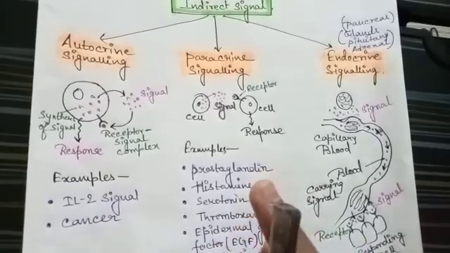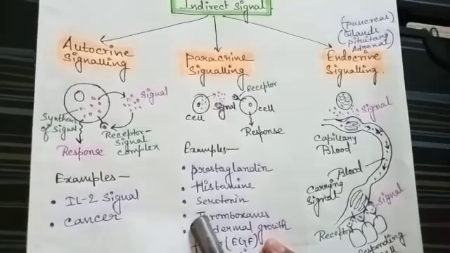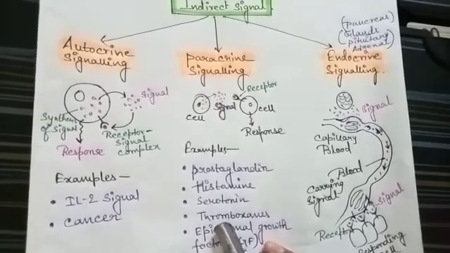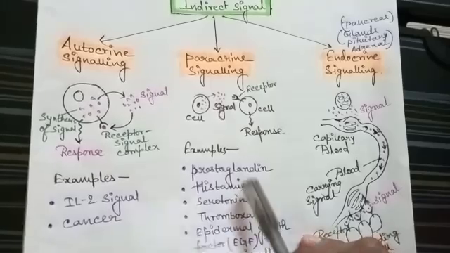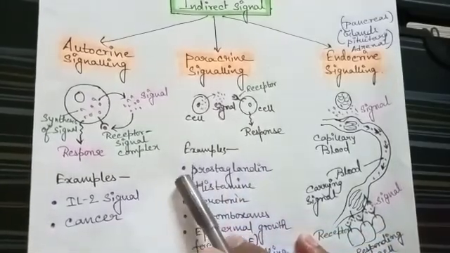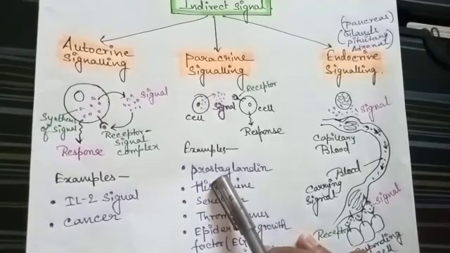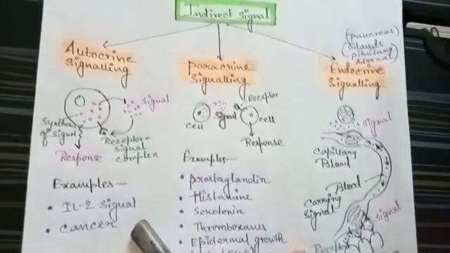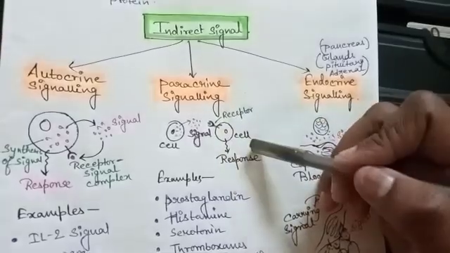The cancer cell has its own growth factor receptors on its surface, and those receptors bind to this growth factor signaling molecule, thus forming the receptor signal complex, and this leads to cell proliferation and cell survival. So these are the two examples of autocrine signaling, and now we are going to paracrine signaling.